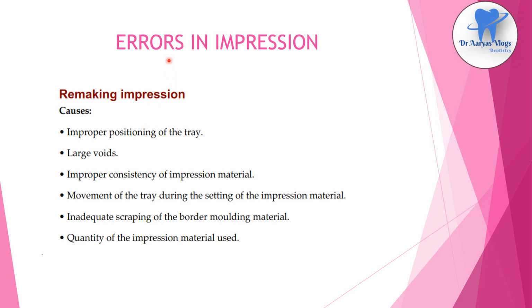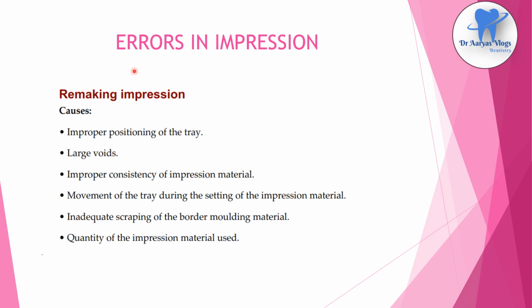What are the reasons for errors in the impression? It is actually a common occurrence in the clinical practice, and the most common reason is improper positioning of the impression tray. If the tray placement is improper, the flange of the impression which lies on the side of deviation will be excessively thick and the flange of the impression opposite to the deviation will be thin.